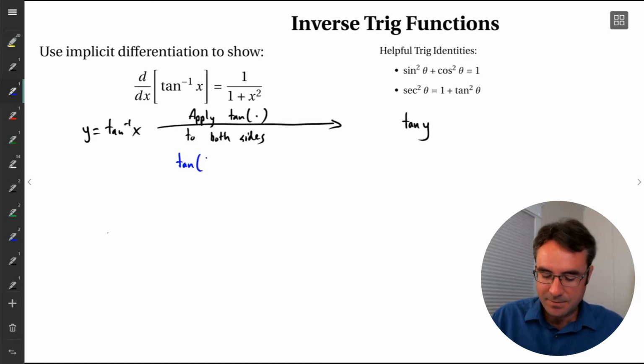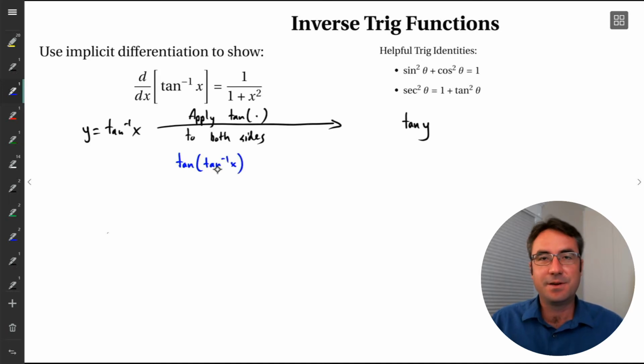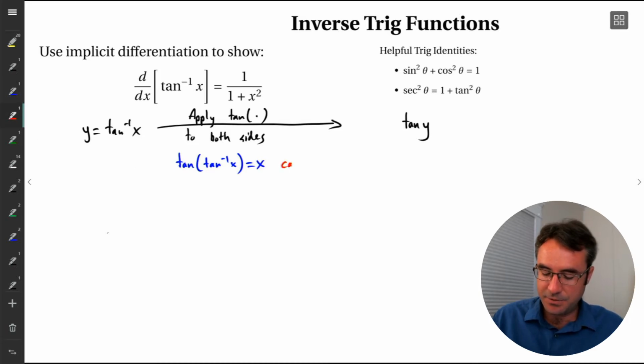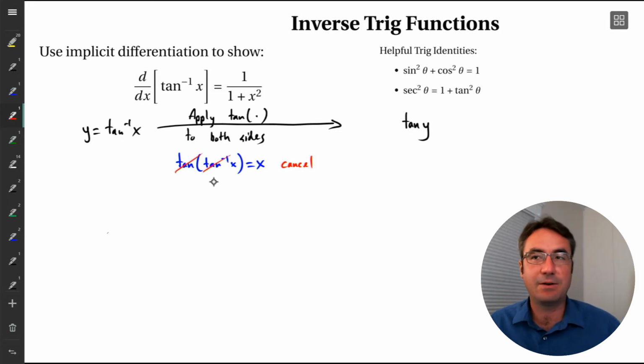And what happens when we have a function and its inverse function right next to each other like this in a composition? They cancel out. And so this is just equal to x. We're just using the cancel property here. Tan and the inverse tan cancel out, and we're left with just x.